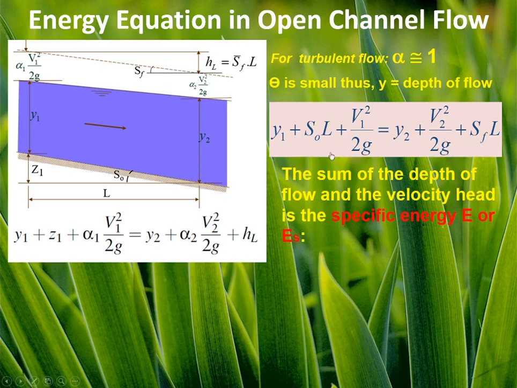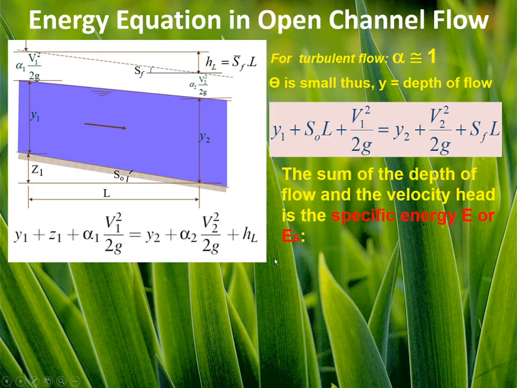You see that each side of this energy equation has three components, but two of them are so familiar to us: y1 plus v1 square over 2g, and here we have y2 plus v2 square over 2g. Actually, the sum of the depth of flow plus velocity head is called specific energy, and we show it with E or Es.